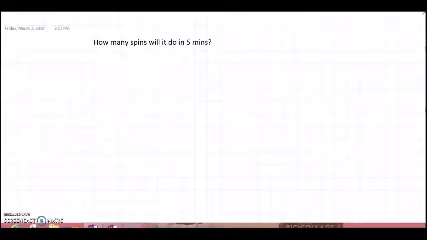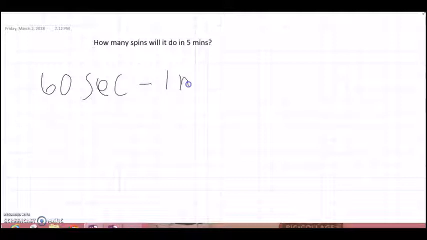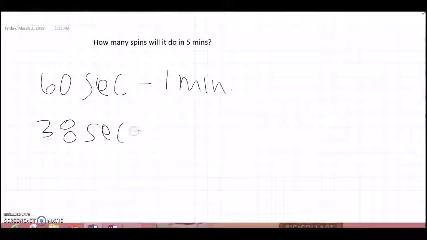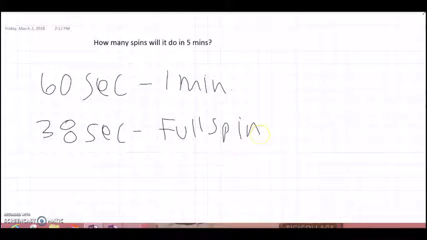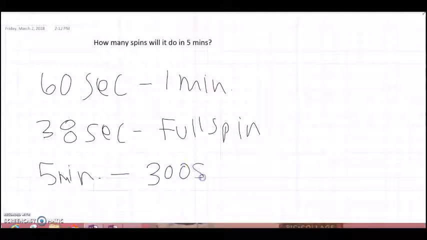How many spins will it do in 5 minutes? So we know there are 60 seconds in 1 minute, and we know that it takes 38 seconds for a full spin. So in 5 minutes, there are 300 seconds.